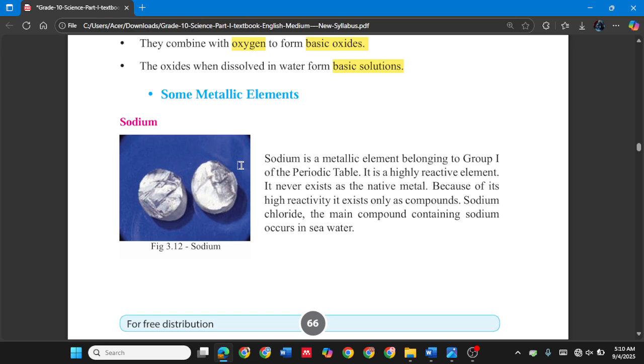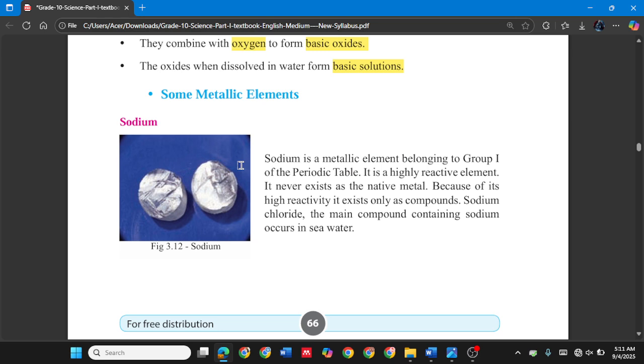Silver and gold have relatively low reactivity. That's why they can stay in the environment as native metal. But sodium is very reactive, so it's going to react with air, water and everything, so it can't be kept as a native metal.